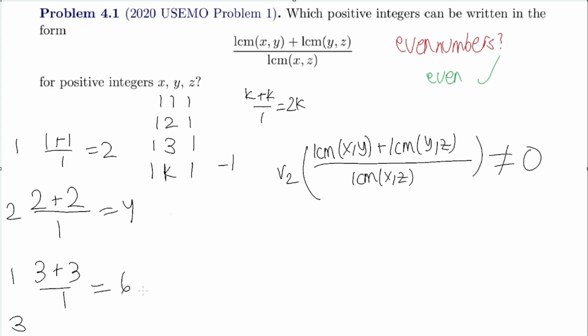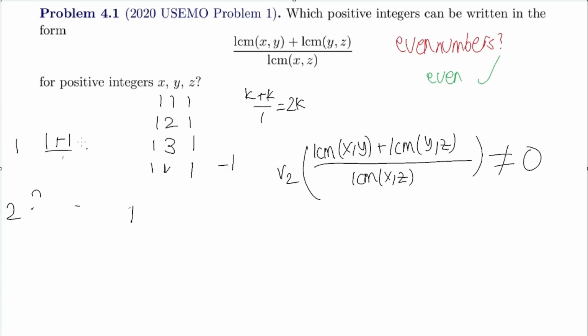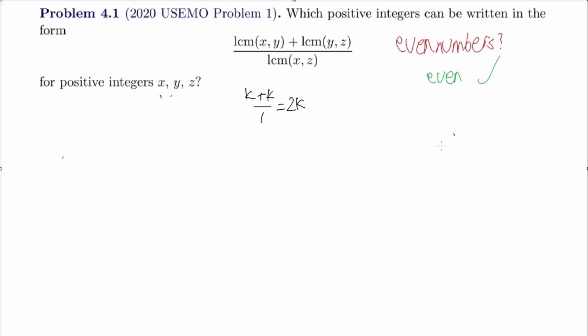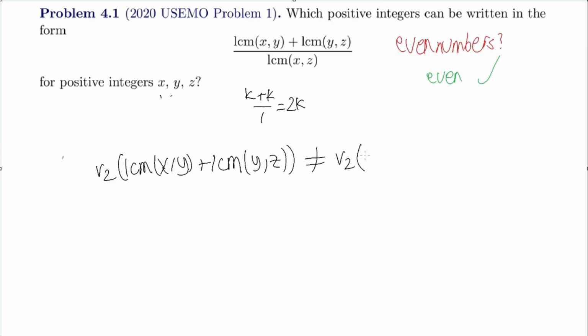Okay, so let's see what we can do with this huge nu2 expression. If we go ahead and use the nu2 rules, this becomes nu2 of LCM xy plus LCM of yz. We want to prove it's not equal to nu2 of LCM xz.